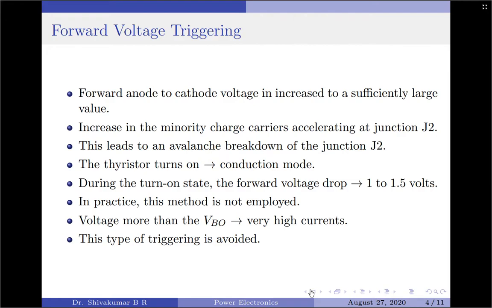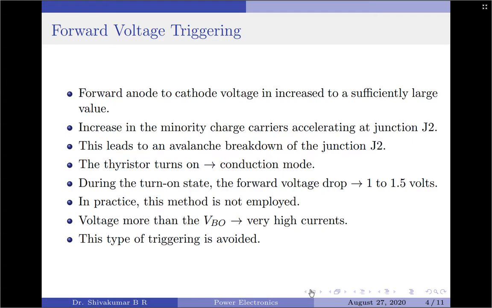Also, there will be an increase in the minority charge carriers accelerating at junction J2. This leads to an avalanche breakdown of the junction J2 at a forward breakover voltage represented by VBO. At this point, the thyristor turns on and moves into conduction mode and a large current flows through it.